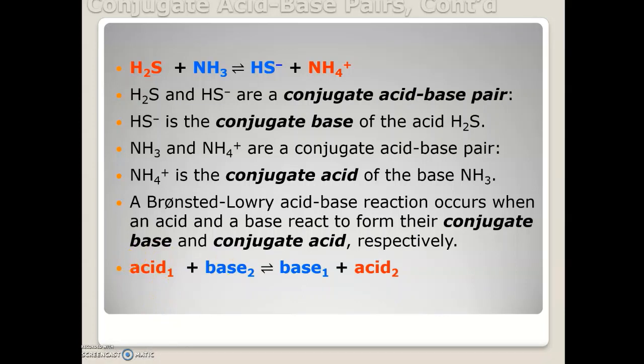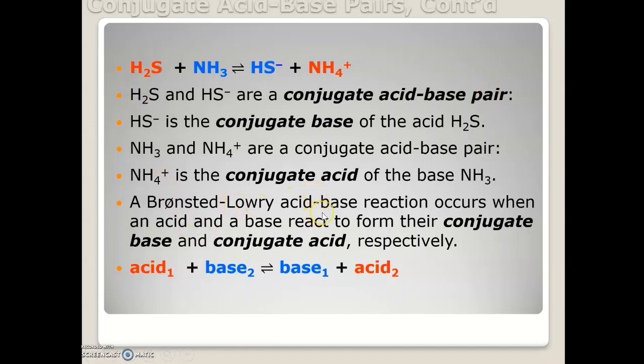So if we have an acid, its pair will be a base. When we have a base, its pair will be an acid. Then we say conjugate acid-base pair.